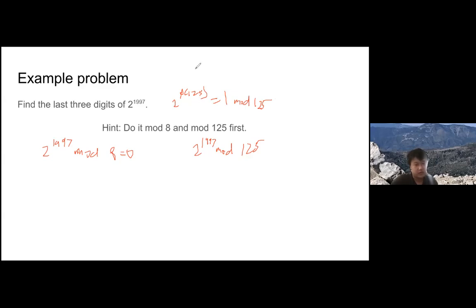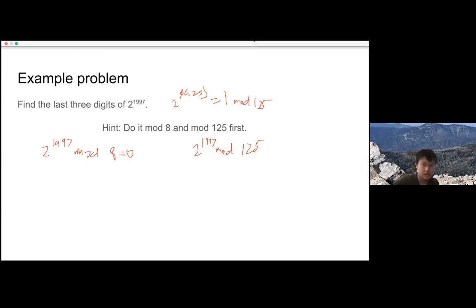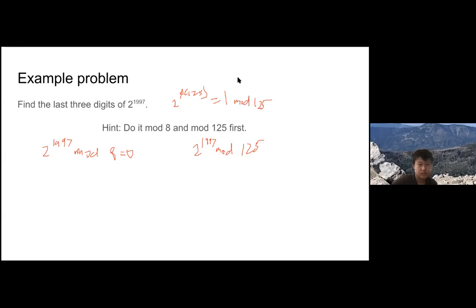By the way, 125 is 5 cubed. Well, phi of 125 is just 4/5 of 125 because its only prime factor is 5.